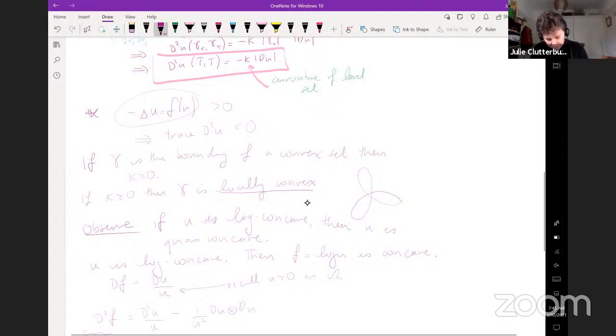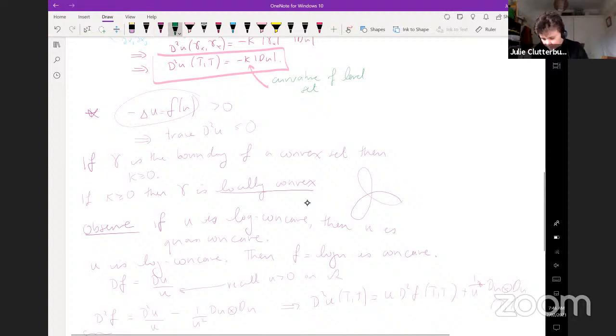So we have D2u in tangent directions is going to be given by u D2f in tangent directions plus 1 over u du, also in tangent directions.